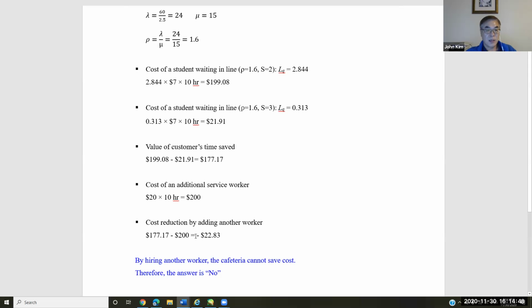But this one is negative, so the decision is don't hire. The answer is no, don't hire, because there is no benefit or cannot save cost.